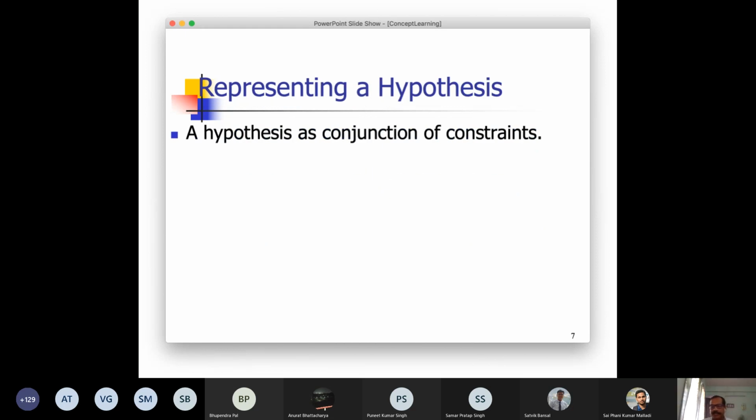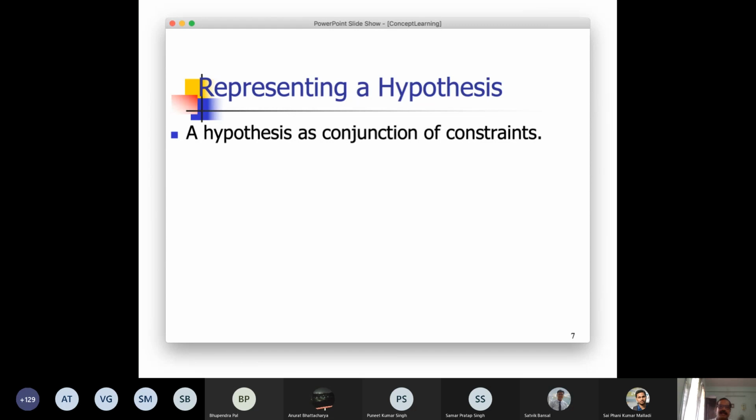So how are you representing this hypothesis? Again, I told you, hypothesis, function, concept, you can consider all these synonymous. A hypothesis is something which needs to be established, as there is a certain kind of impreciseness, and it needs to be established through more observations.